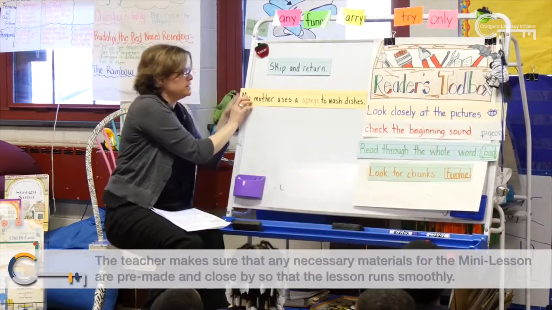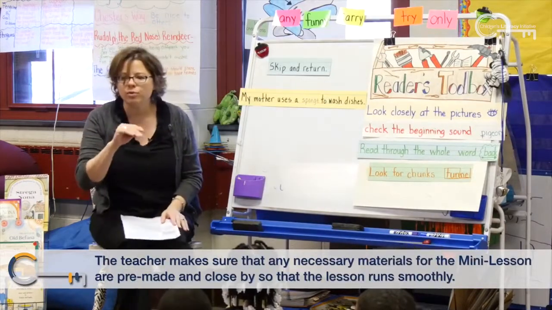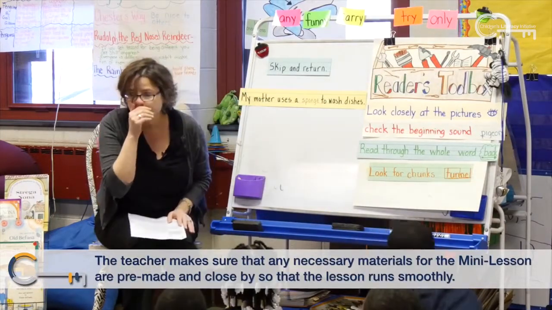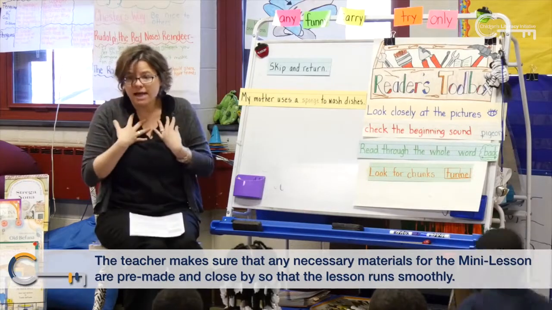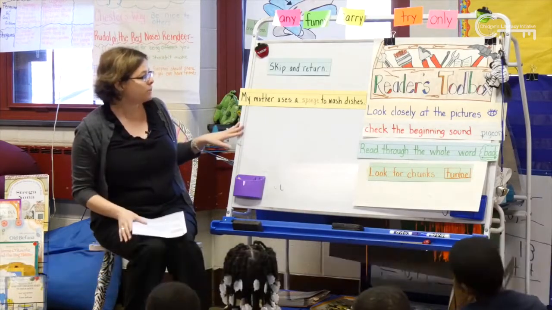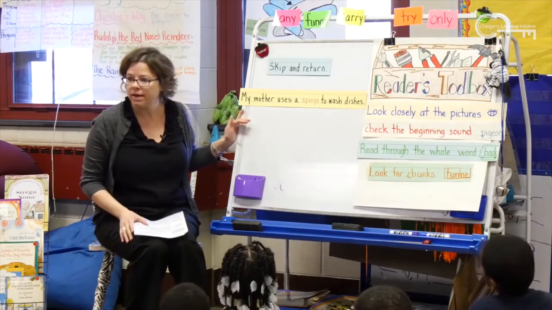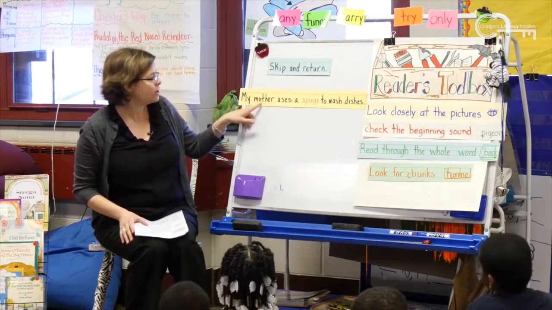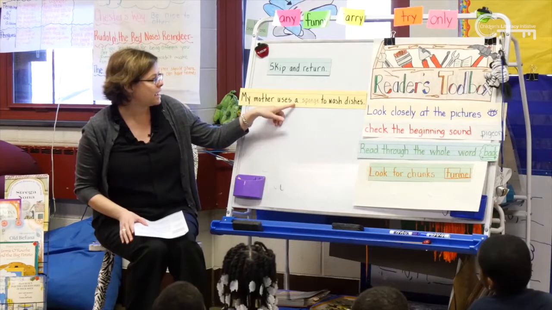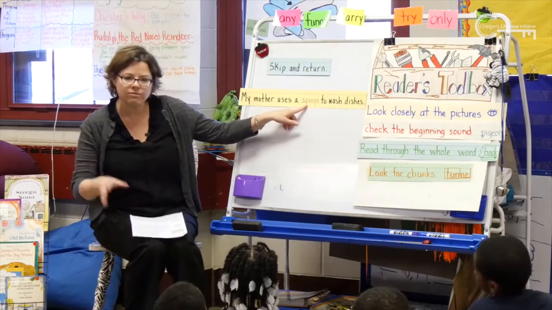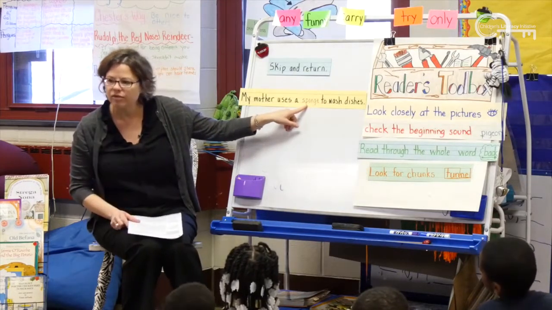Okay, it's a long sentence. Now, if you know the word, you can just whisper it in your hand, but I'm going to show you that I came across an unknown word. I was reading this story, and some of the words I knew right away. My mother uses a, and then I came to this word, and I wrote it in purple so it would stand out for you.